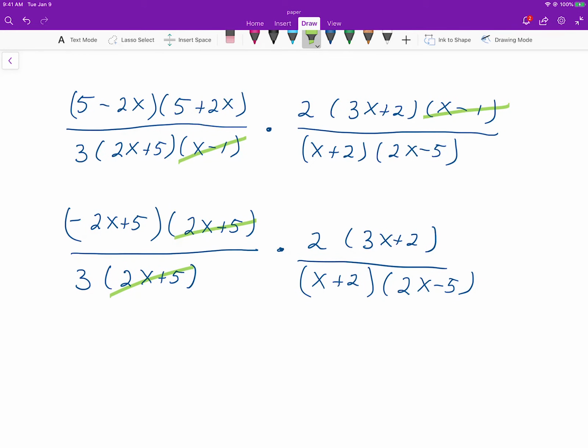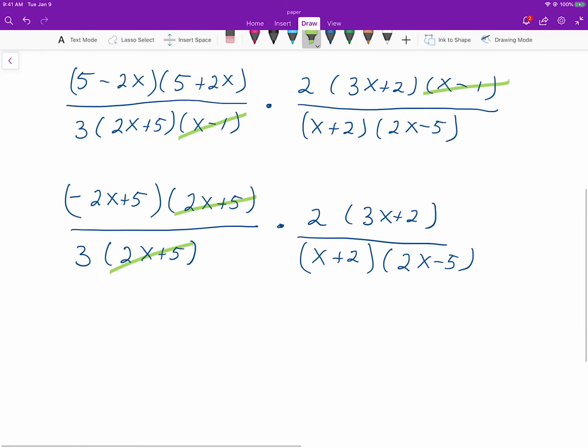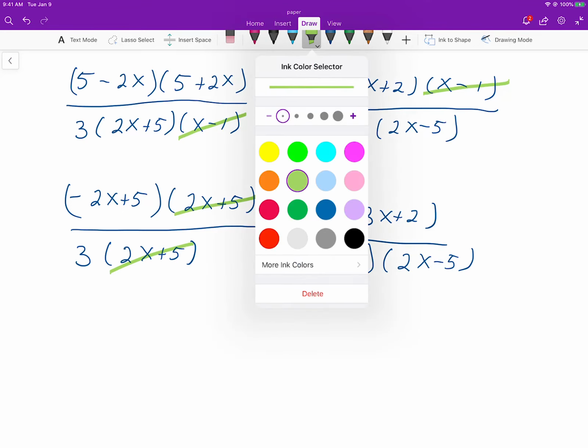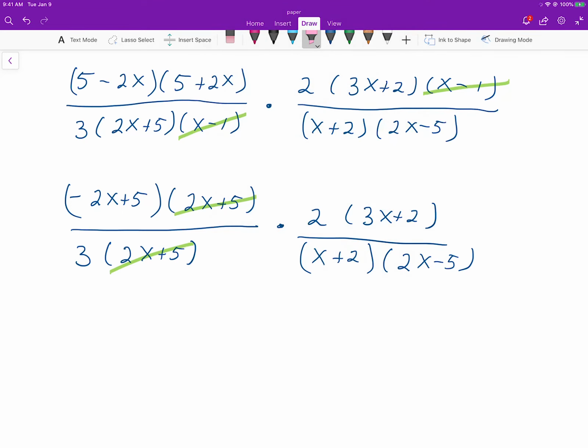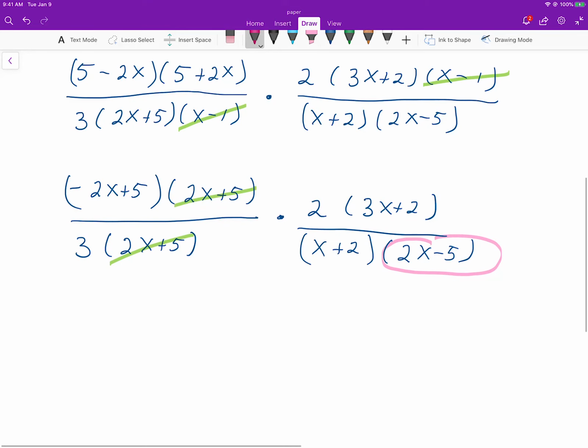They cancel out. So now we have a 2x minus 5 in the denominator over here. And then I have a negative 2x plus 5 over here. So everything's the same except the positives and negatives. So that I can cancel those out, but I'm going to be left with a negative 1.